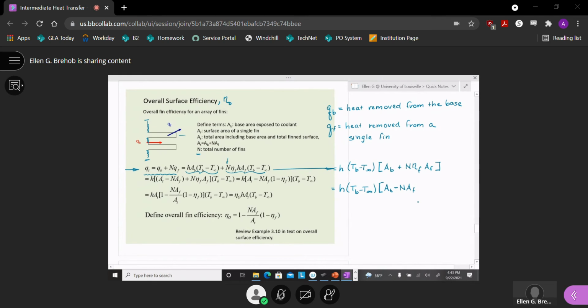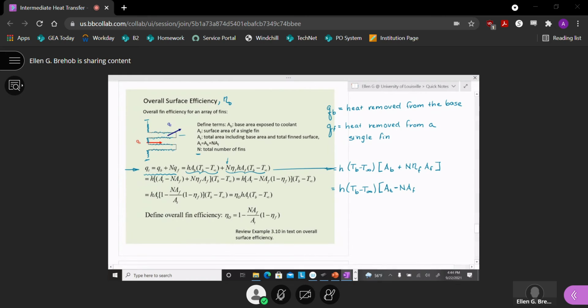We want all the area. We want the base area, we want the fin area, we want everything. Looking at all this area that air is passing over and removing heat. Okay. And I'm not putting little squiggles on the tip because we're going to assume adiabatic fin tip.